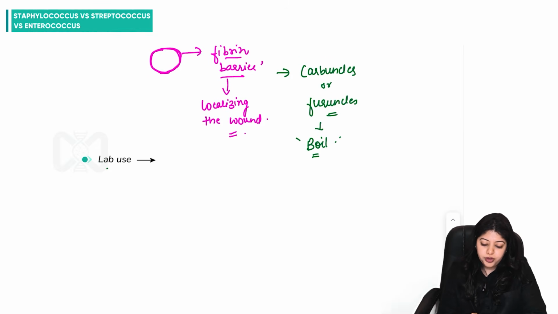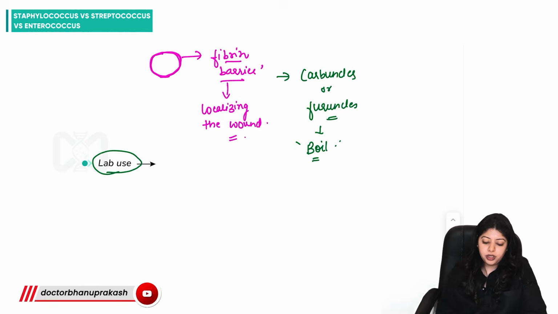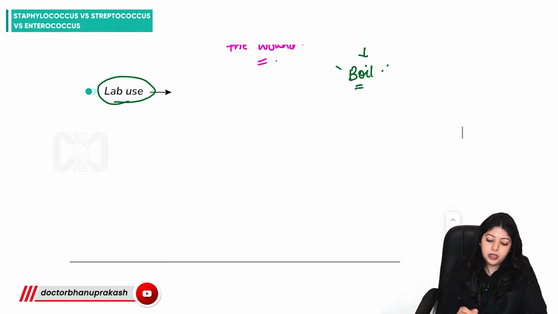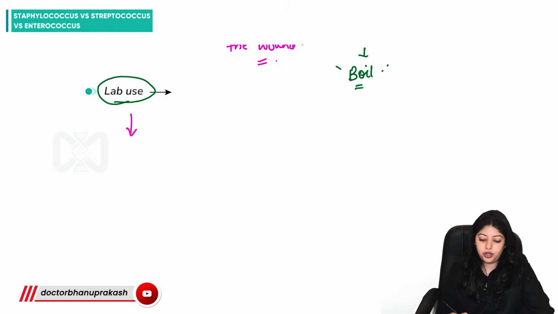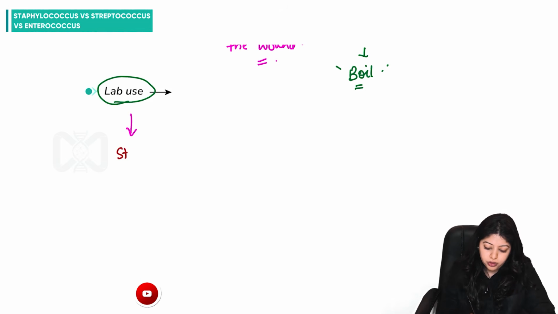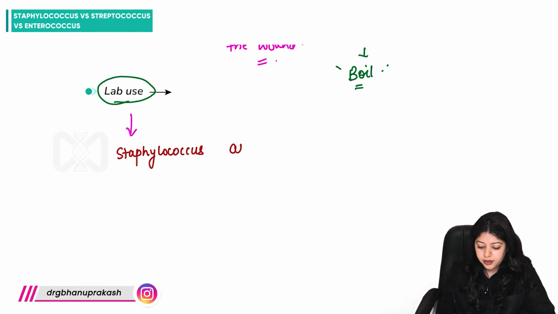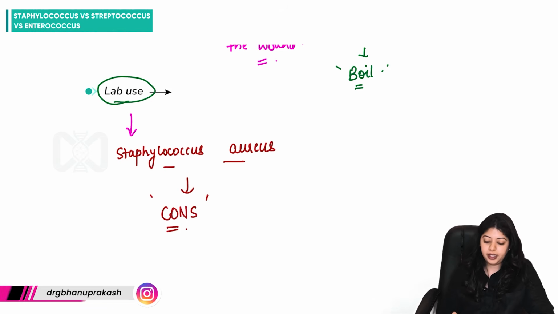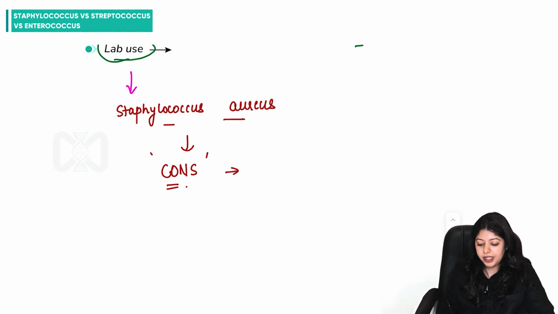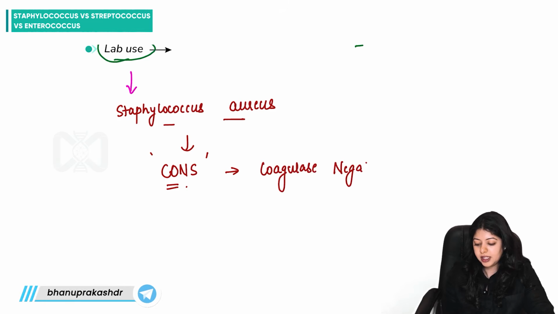And what is the laboratory use of this particular test? So it is majorly used for identification of Staphylococcus aureus as well as coagulase non-producing staphylococci, that are coagulase negative Staph, right?